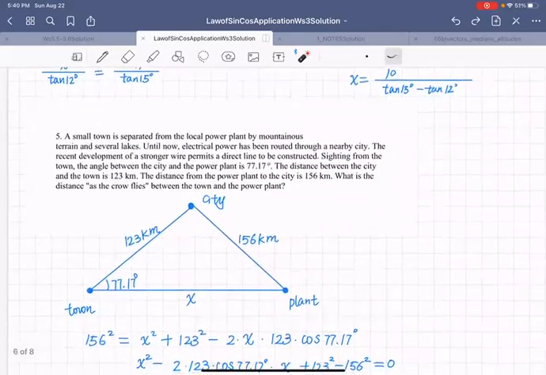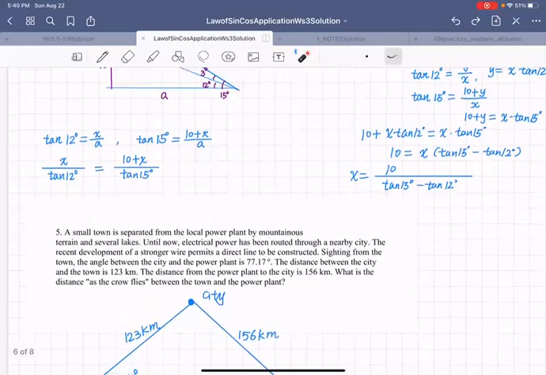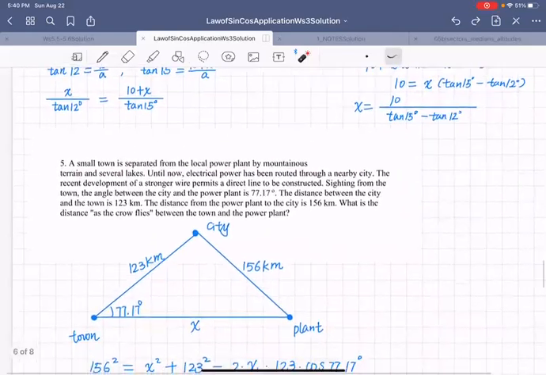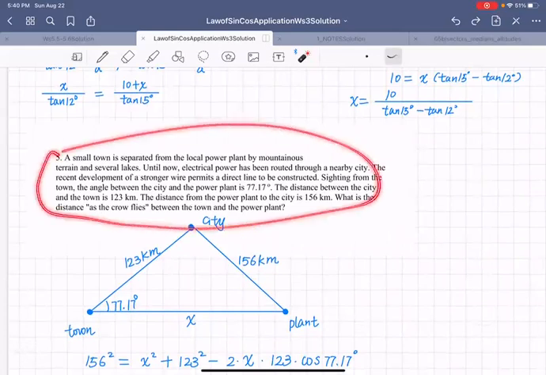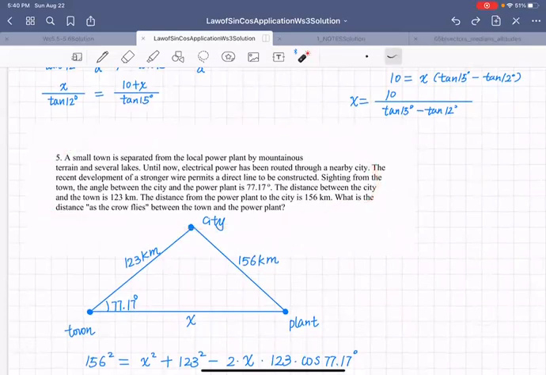Number 5. Brian, go ahead, read the question, please. A small town is separated from the local power plant by mountainous terrain and several lakes.